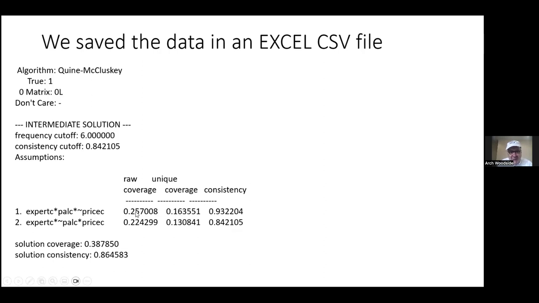But anyway, the unique coverage refers to just the cases that purchase that this model refers to, while raw coverage is an overlap among models in predicting purchase. So 0.257 indicates among the people who did buy, this model applies to about 1/4 of those cases. The other model has almost the same coverage, a little bit smaller.